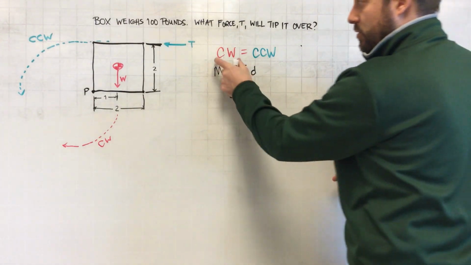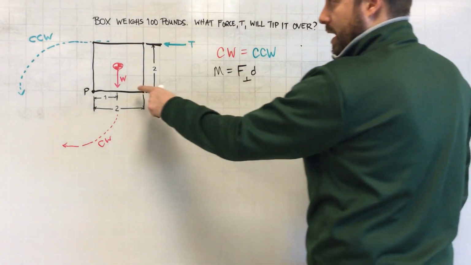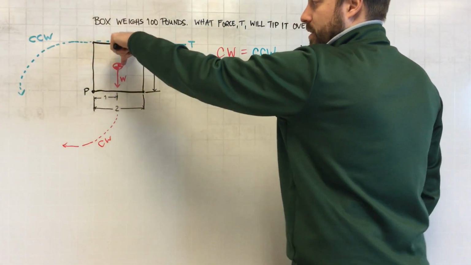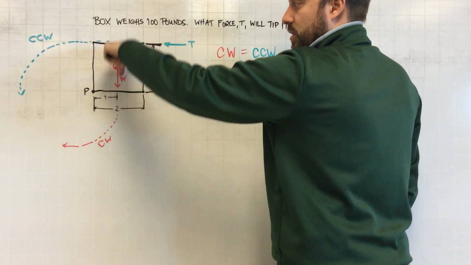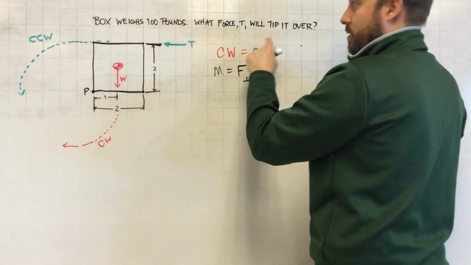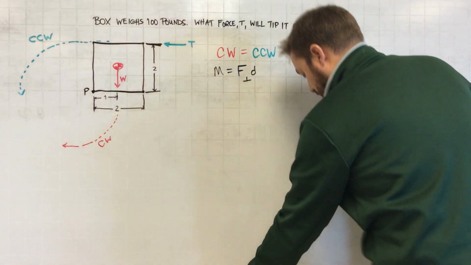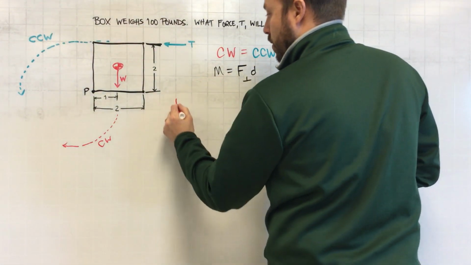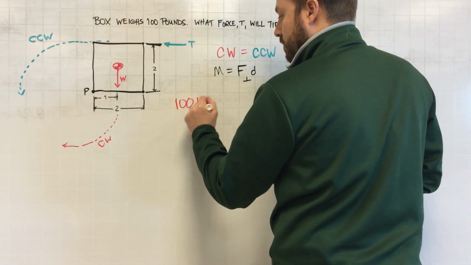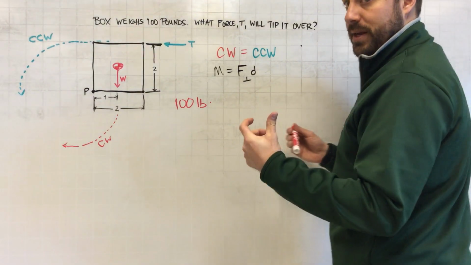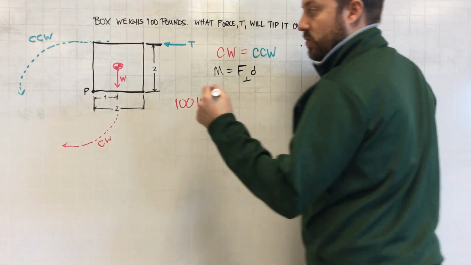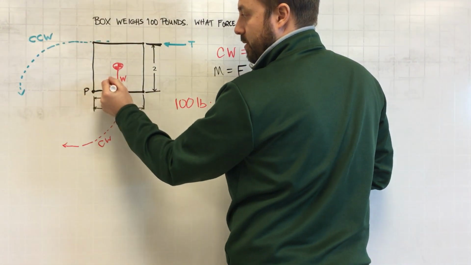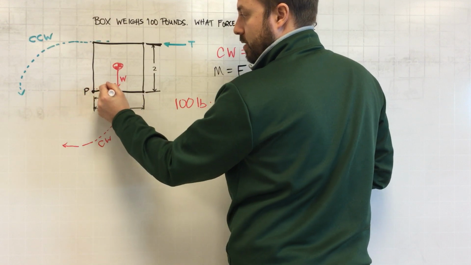So what I have, let's do the red ones on the left, okay? What I have is the weight of the box is applying a moment. That's a force. And the force in this case is 100 pounds, right? The box weighs 100 pounds. So if I take then a 100-pound force and I apply it at a perpendicular distance, so what I'm interested in is the 90-degree distance from here to here.